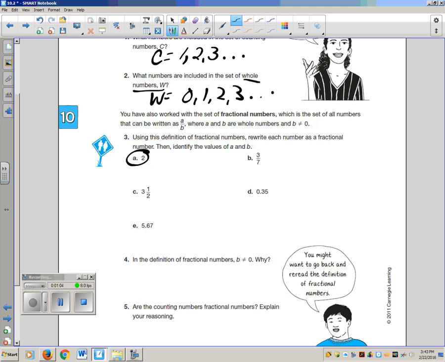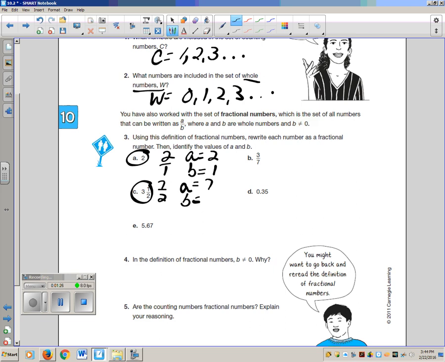A, 2. So 2 over 1. A is 2, B is 1. 3.5. You need to change this to an improper fraction. So 7 halves. A is 7.